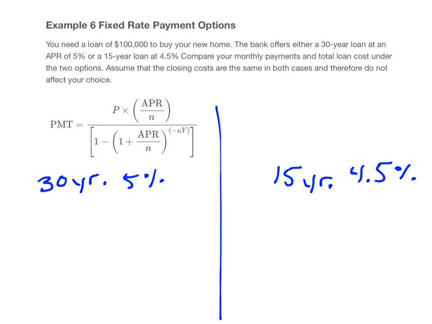All right, so using that information, we can calculate the monthly payment in each case. Right, so for example, for the 30-year 5% mortgage, principal is $100,000. APR, we would use 0.05. And then again, we aren't told specifically N equals this number, but we're calculating monthly payments, so that means N is 12.